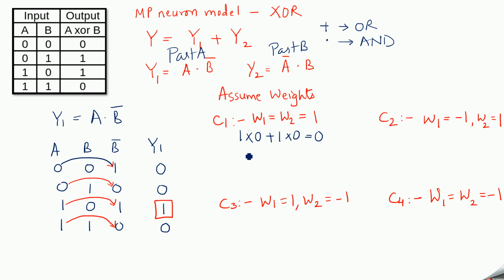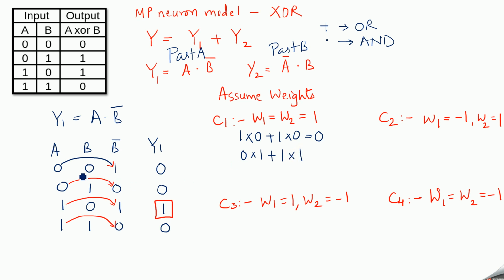Now for the second case, A is 0 and W1 is 1, plus the next is 1 into 1.